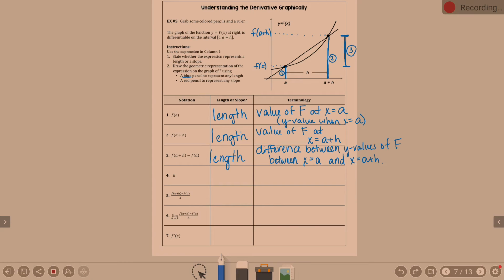Or is h? What are your thoughts on h? It's what? It's a length? Where is this length? The distance from A to A plus H. Okay. So it is a length.